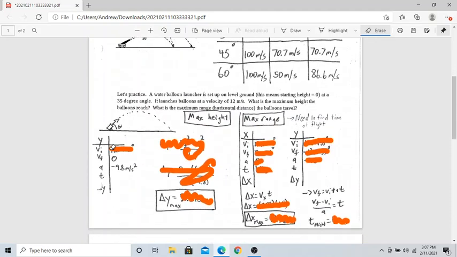Now, that's pretty simple for us because the launch velocity is 12 meters per second and the angle is 35 degrees. So the initial launch velocity in the y direction will be 12 sine of 35 degrees, whatever that happens to be. Okay? Now, once we do that, we know 3 things, and we want to find the 4th, which is delta y. So the equation we want to use is the one that has those 4 things, which is this one right here.